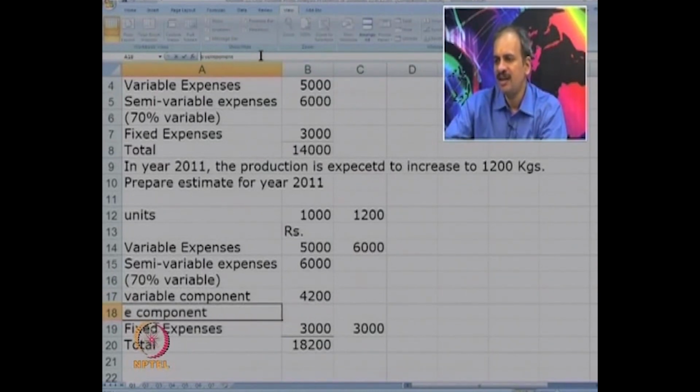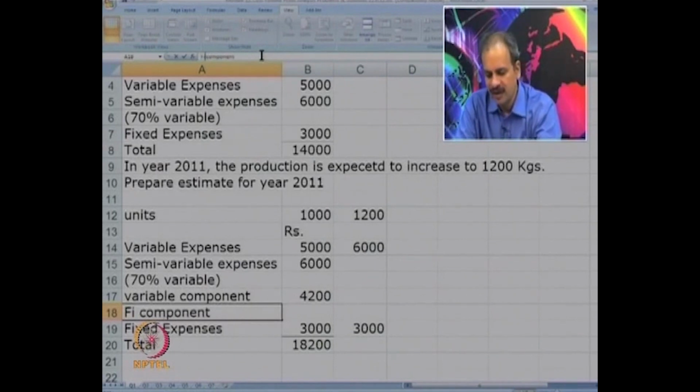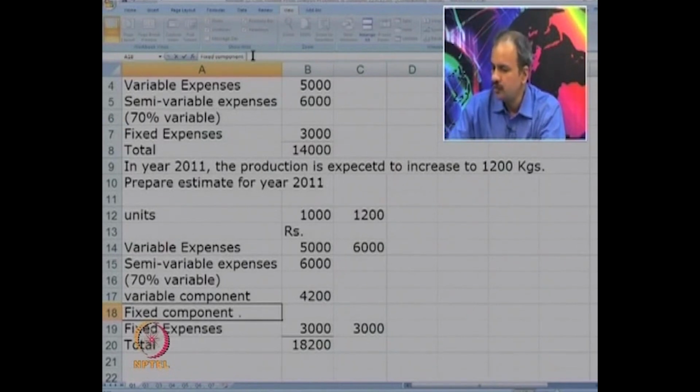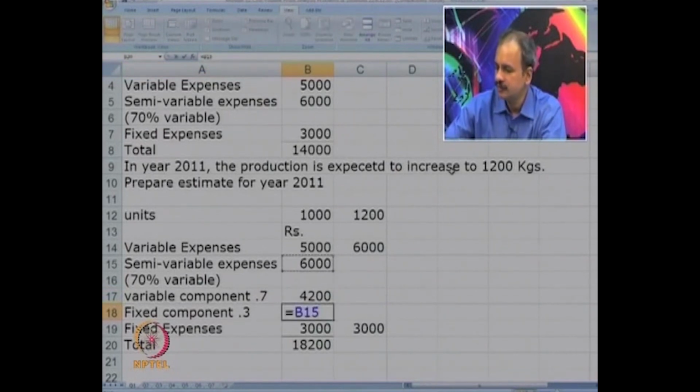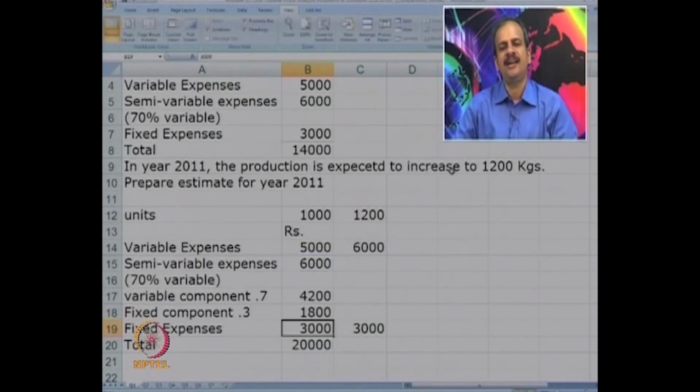Please try to do it with me. I am just doing it slowly so that you can catch up immediately. Now this fixed component is 0.3 and the variable component was 0.7 or 70%. So 1800 is the fixed component. Of course, the total should not change. This 6000 is divided into 4200 and 1800.